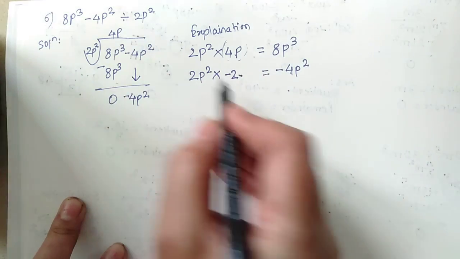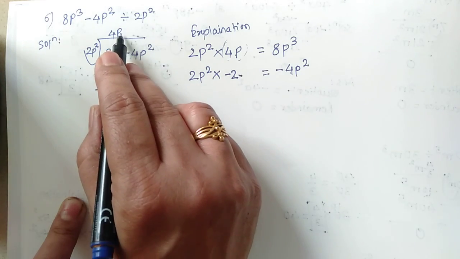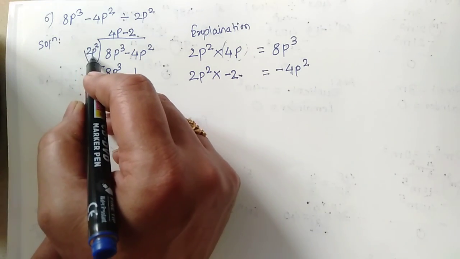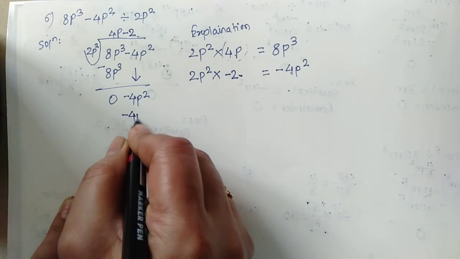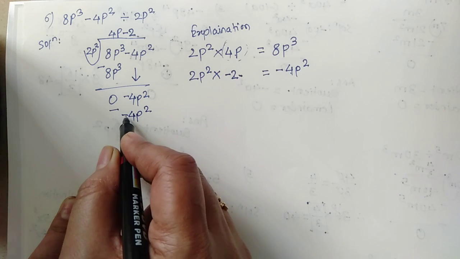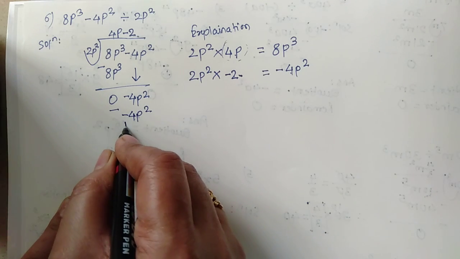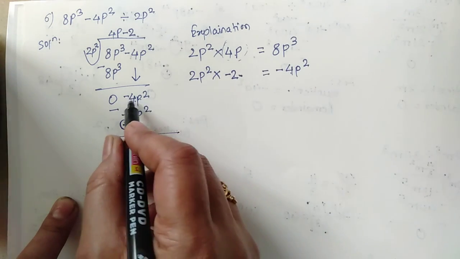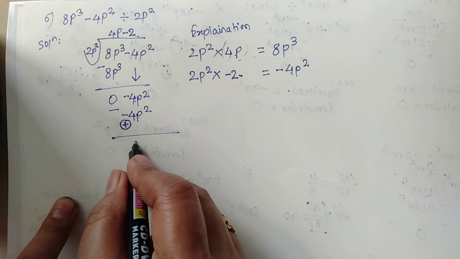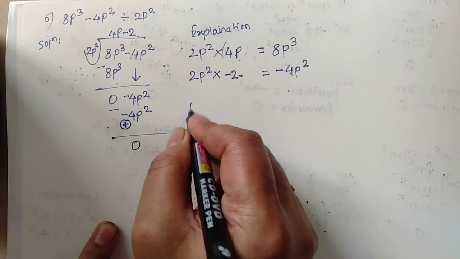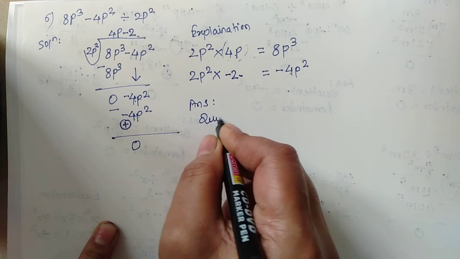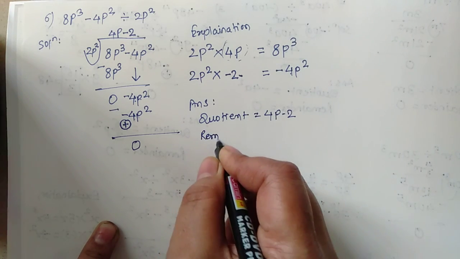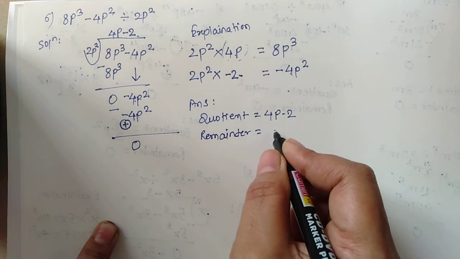So our next term of quotient is minus 2. So twice p square into minus 2 is minus 4p square. Take the subtraction here. Sign of minus 4p square is a plus. So minus 4p square plus 4p square is 0. So write down here answer. Quotient is equal to 4p minus 2 and a remainder is equal to 0.